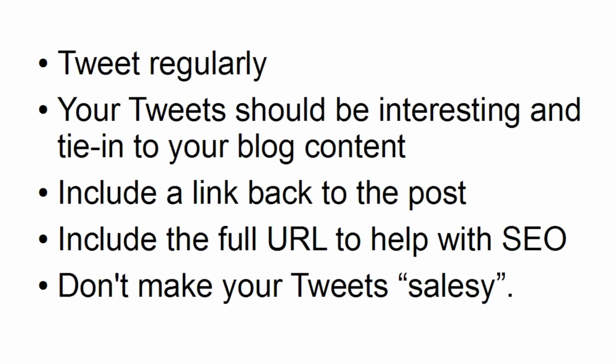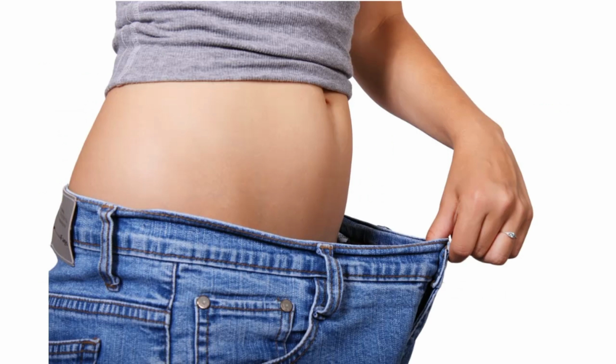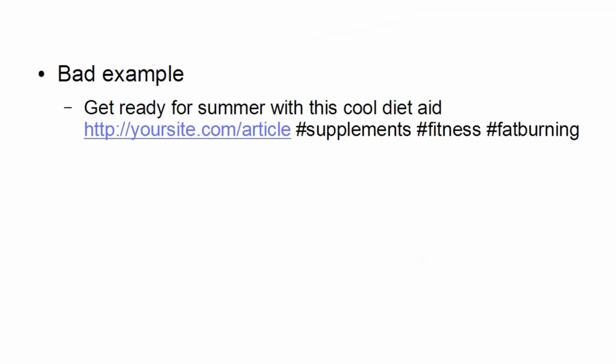So, what do I mean? Well, let's say you have a weight loss blog where you review different weight loss products and then sell them as an affiliate. Let's look at a bad example of a tweet. You could say something like, "Get ready for summer with this cool diet aid," and then you've got the URL, #supplements, #fitness, #fatburning.